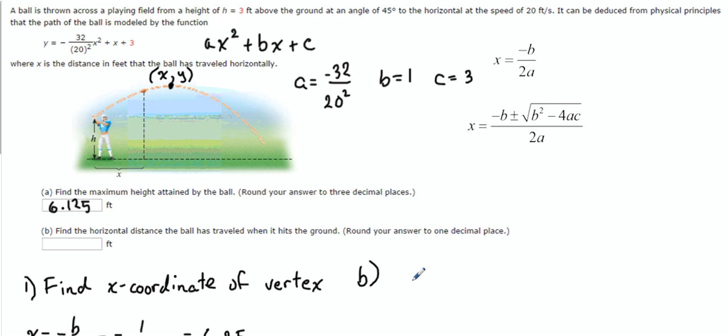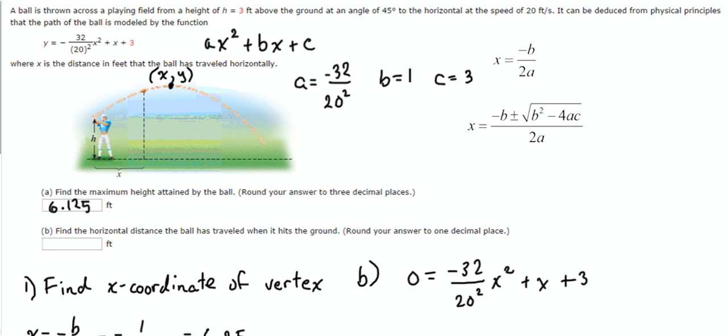What we have to do is set our equation equal to 0. So 0 equals negative 32 over 20 squared x squared plus x plus 3.